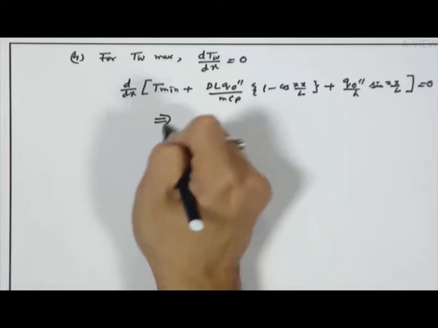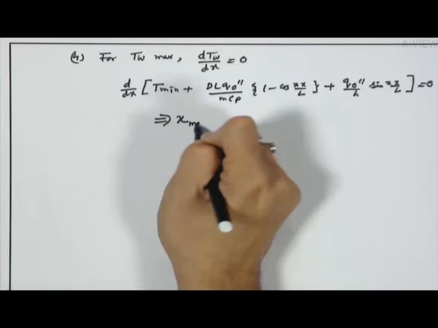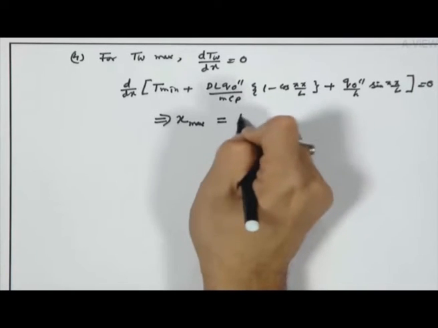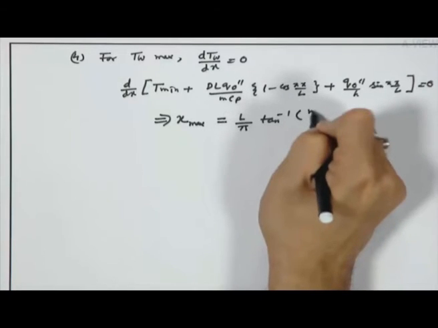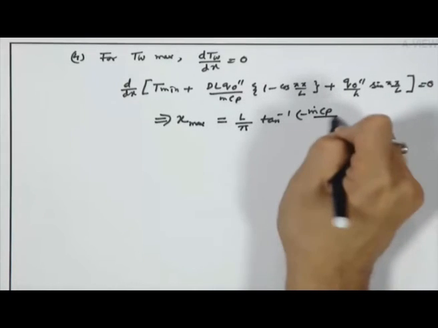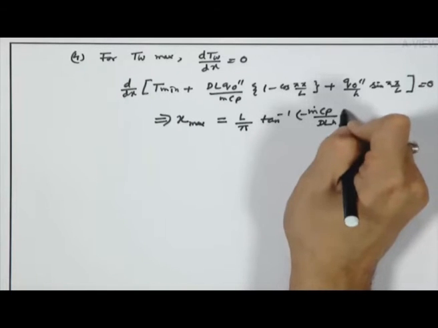So, that means x at the maximum temperature location, x max, is equal to L by pi tan inverse of minus m dot Cp by dLh.